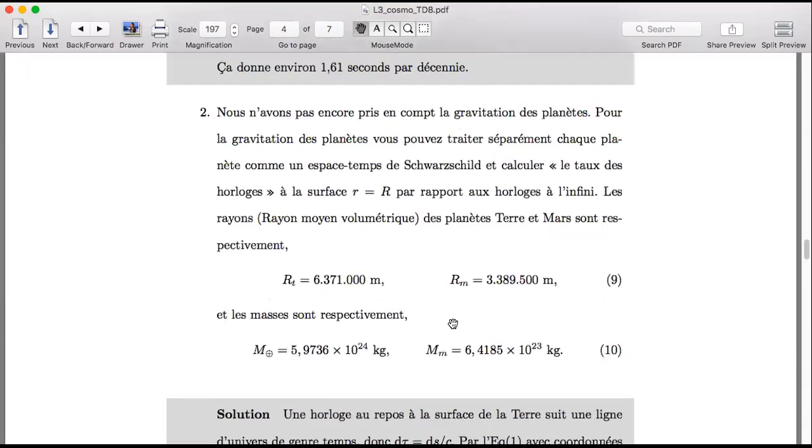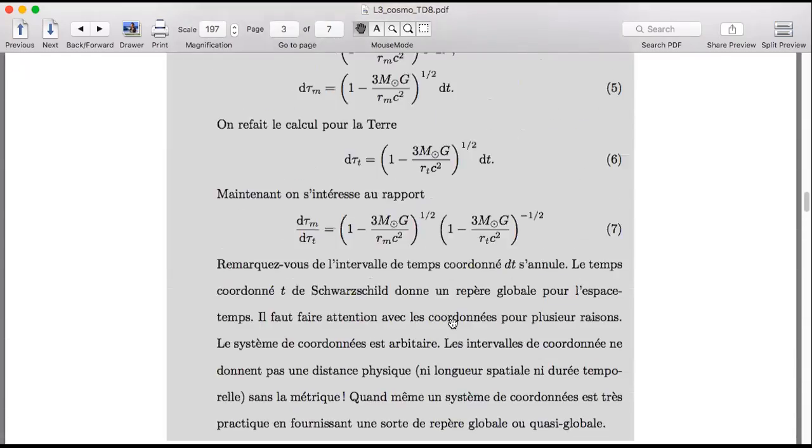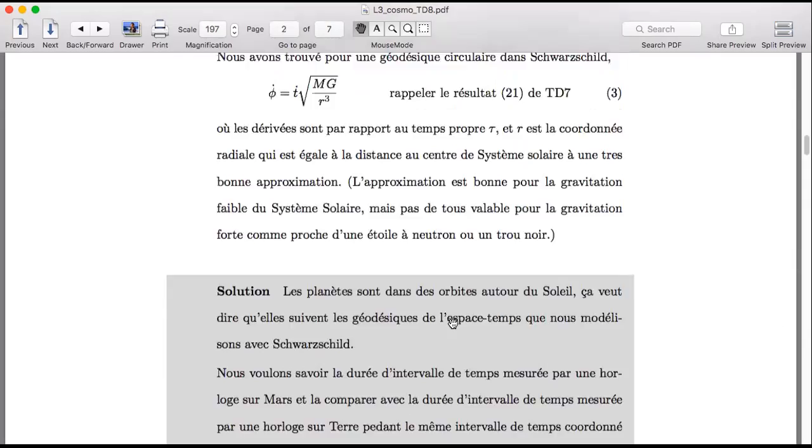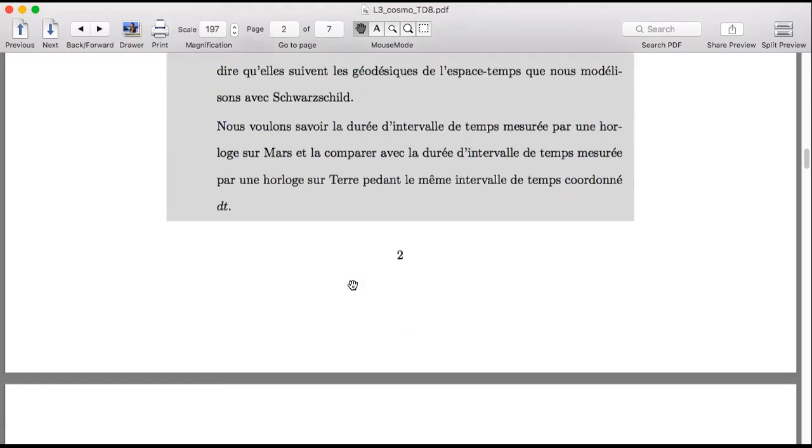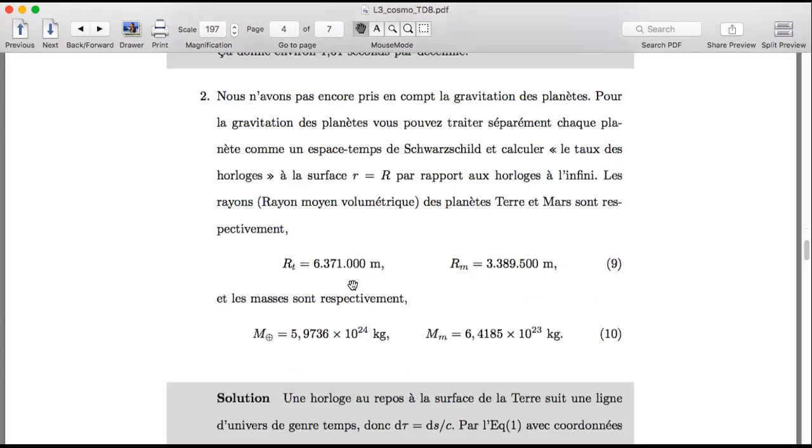from the last tutorial. This one, you can't use that one that relates phi dot and t dot, because why? Because this is for following a geodesic. This is in particular a circular geodesic in Schwarzschild spacetime. But that's not what we have here.